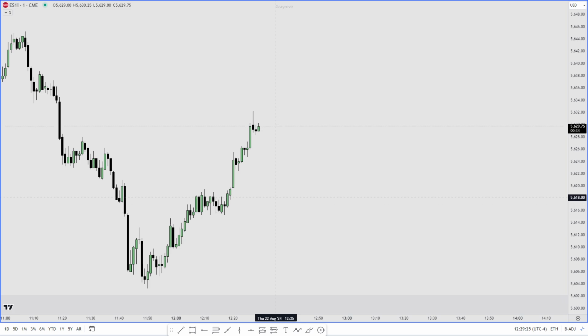If it wants to reverse, I would like to see it roll over right now, closing below this candle here. This would be the bearish order block for now. This order block was utilized to take out these two highs. Sorry, this high, trading into the inefficiency up here.